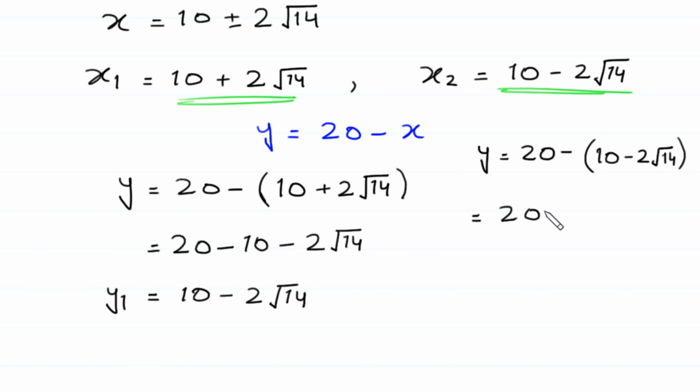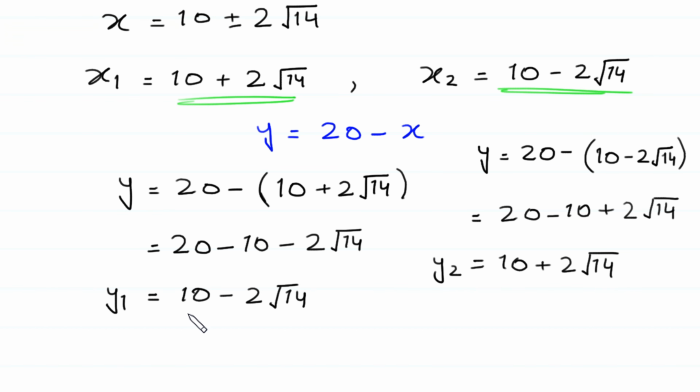This negative 10 becomes... this positive 10 becomes negative 10 and this negative 2 times square root of 14 becomes positive 2 times square root of 14. Next, 20 minus 10, 10 plus 2 times square root of 14. This is the value of y2.